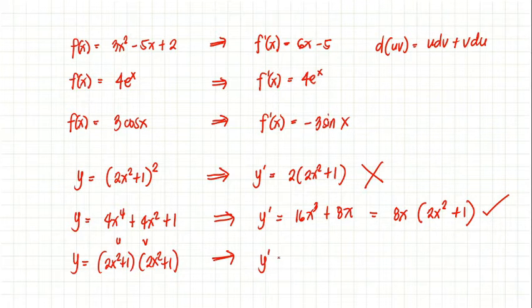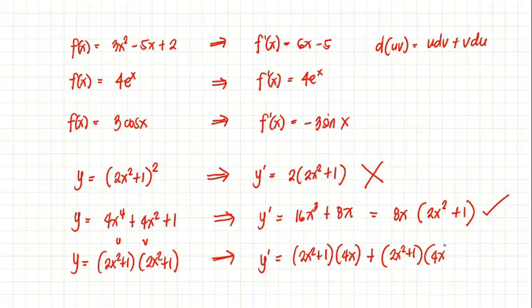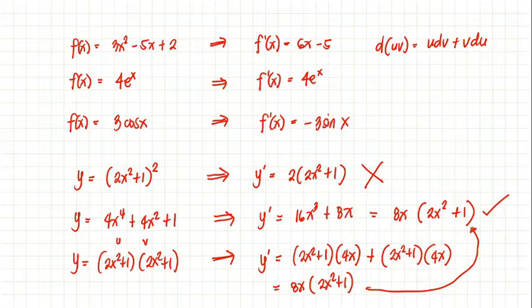So y prime will now be equal to u, which is 2x squared plus 1, times the derivative of v, which is 2x squared plus 1. So the derivative is just 4x, right? Plus, we have v is still 2x squared plus 1, and the derivative of u is 4x. Now, if you are going to add that one, we will have 8x times the quantity 2x squared plus 1, right? Which is just the same with this one. Now, using the product rule, you will get the correct answer.